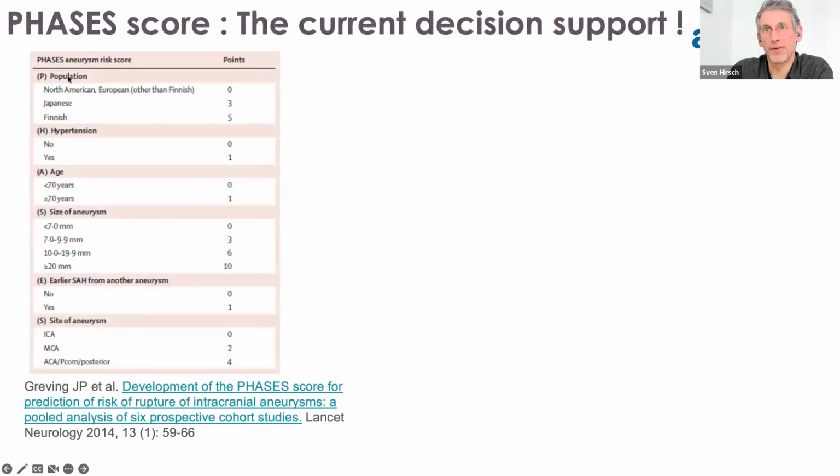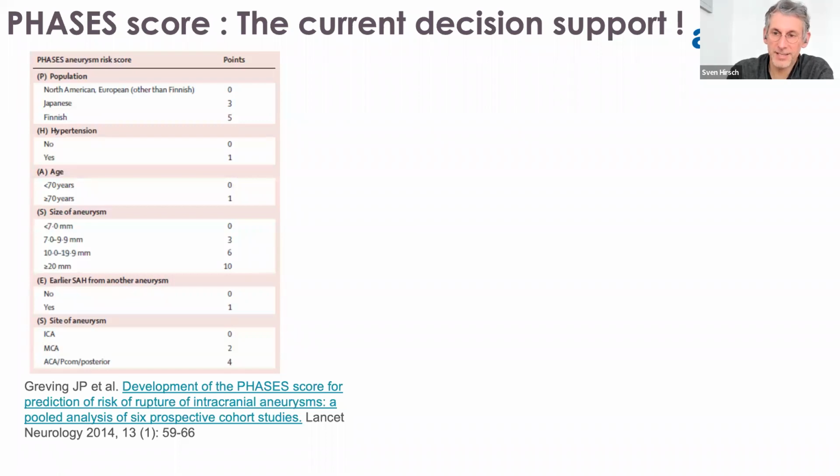PHASES comes from the first letters of these criteria: population. They claim, because it was seen before, that in the Finnish population the rupture risk was higher than in the Japanese, and the Caucasian was lowest. Then you have hypertension, age, the size of an aneurysm, earlier ruptures, and the site of an aneurysm.